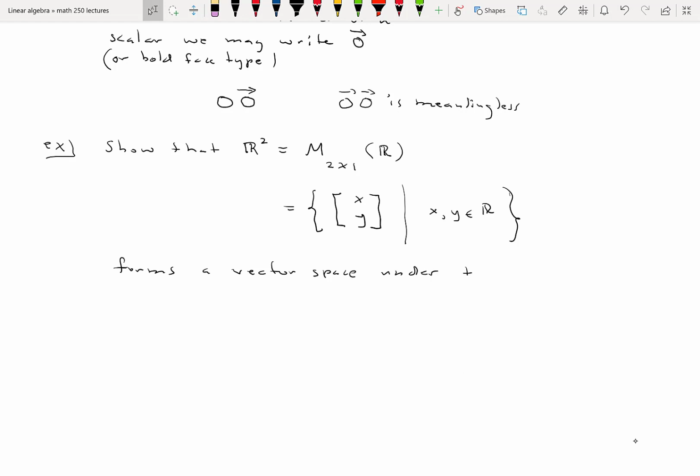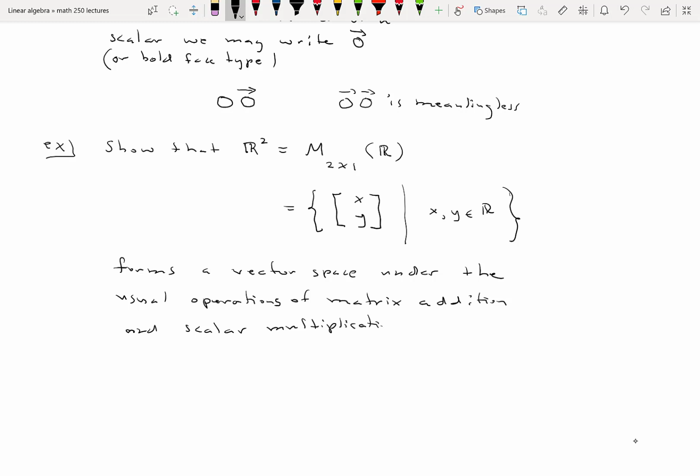Under the usual operations of matrix addition and scalar multiplication. This part of the problem you cannot omit.